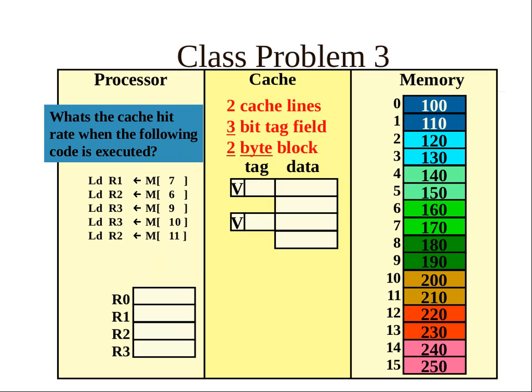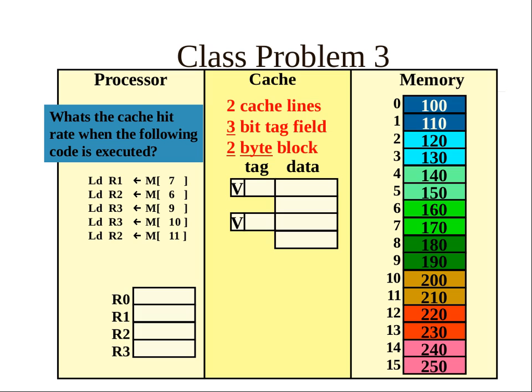All right. Ooh, class problem. All right, guys. What's the cache hit rate when the following code is executed? So I missed on the first one. All right, so that's a miss. The second one should be a hit, shouldn't it, since they're nearby memory locations?